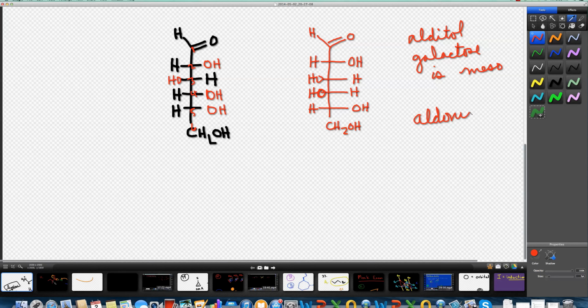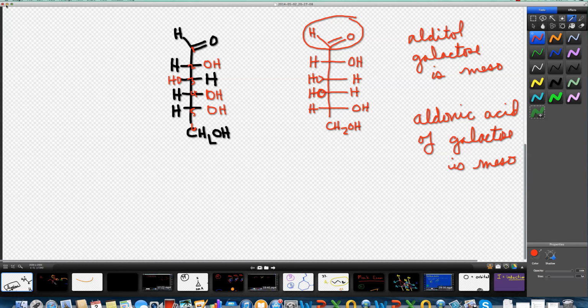The aldonic acid is also meso. So the aldonic acid of galactose is meso. Now the aldaric acid makes an acid from both ends, not only from the aldehyde. That will not be meso. That will be optically active.